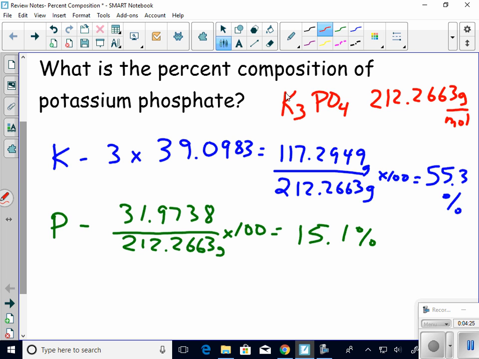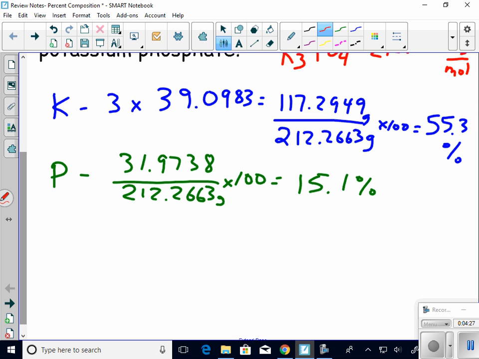Then finally, my oxygen. I have 4 oxygens. Each oxygen is 15.9994.